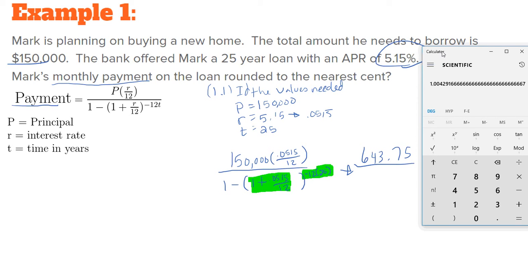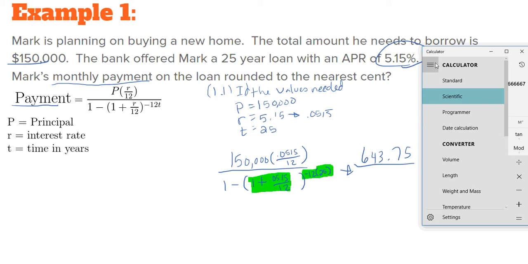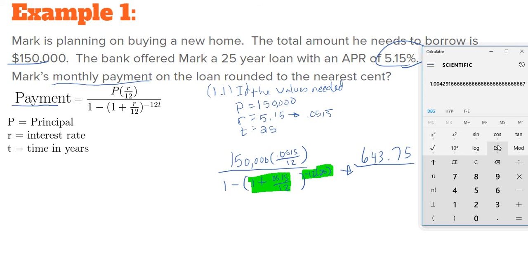Then we're going to raise that, so we need to be in scientific mode. If we're not there, hit these 3 bars up here and hit scientific. And then we are going to raise it, so that's x to the y power. And then in parentheses, negative 12 times 25.